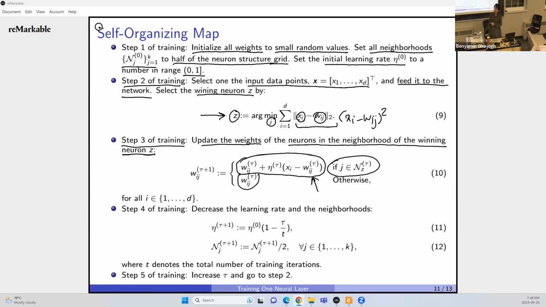Does this update make sense? If you see, this update is also exaggerating this. Do you agree that when I input my data to the neural network, it is actually very close to one of the weights? Okay. And the reason I want to find the closest neuron to that input is that I want to do clustering.